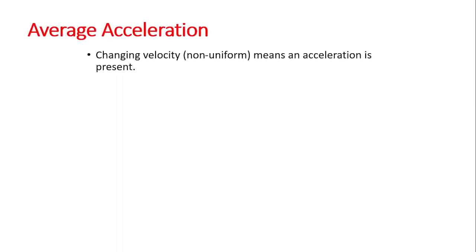So average acceleration is just the change in velocity, whereby this change in velocity is in relationship with time. Such is what we call the average acceleration. I think I've already explained where I've said acceleration is the rate of change of velocity with respect to time.